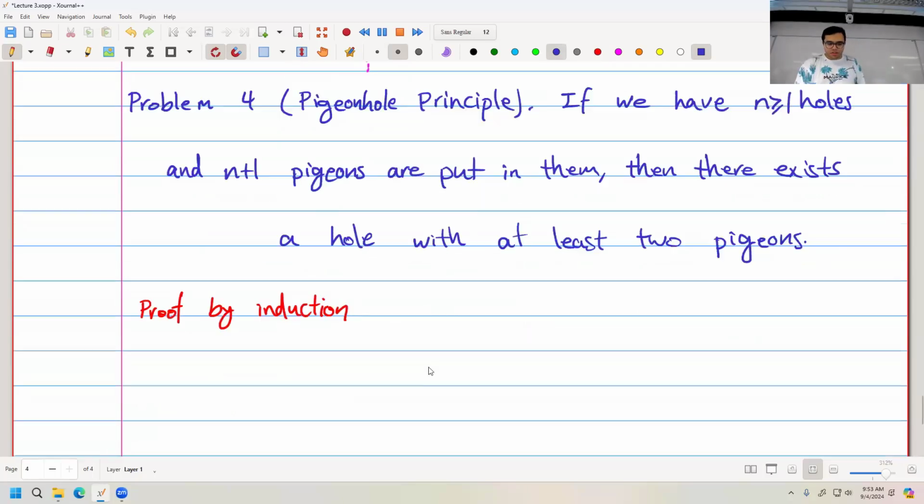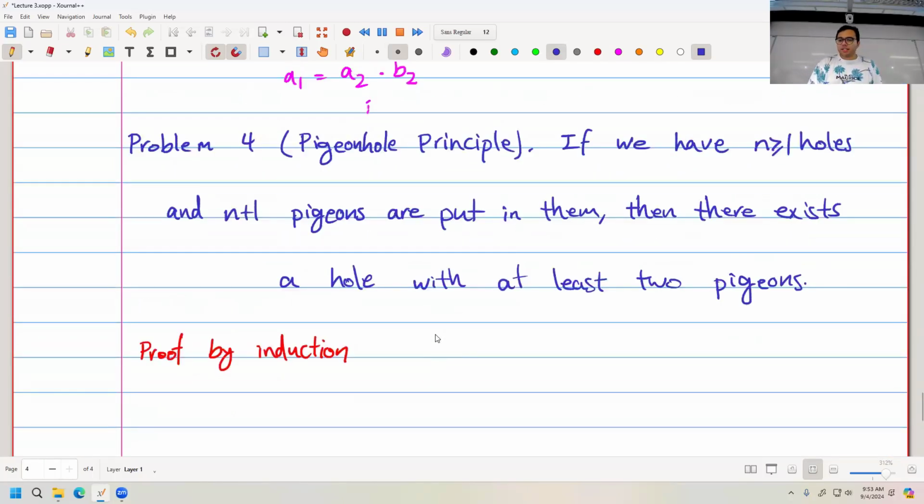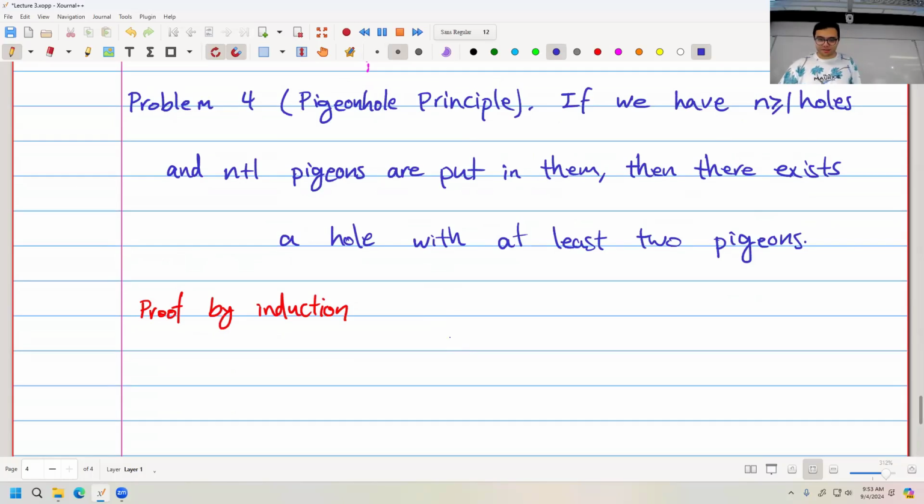Okay. So my base case is that I have 1 hole and I have 2 pigeons. And of course, both of these pigeons have to go to that same hole, and that hole has at least 2 pigeons. So base case, very trivial. Base case n equal to 1, we just checked it.